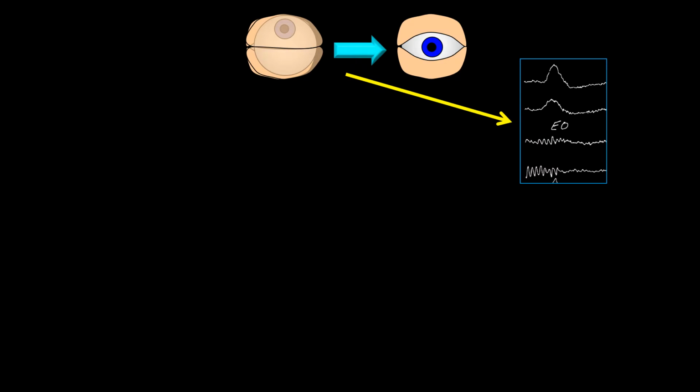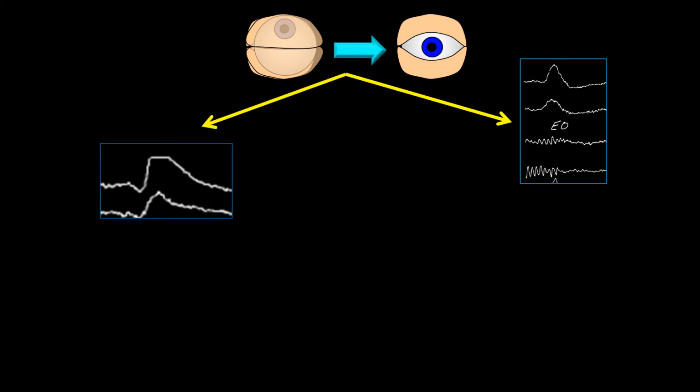This is certainly the classic pattern, but by no means is it the only pattern, and by no means is it always present. Often we just get a slight biphasic type of activity.